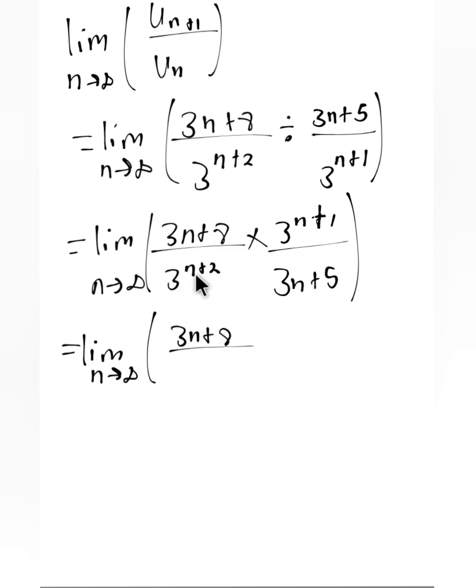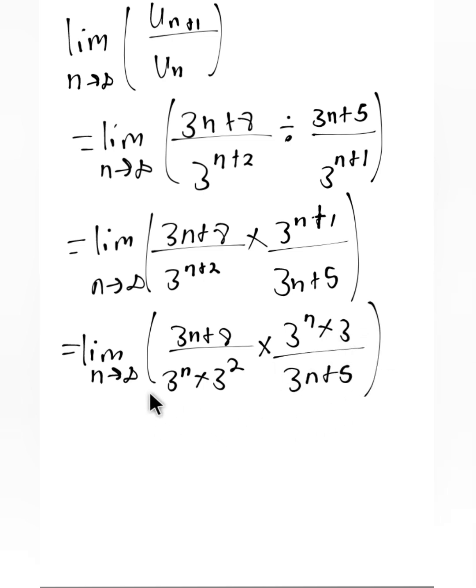So this gives us the limit as n tends to infinity of 3n plus 8 all over. We can simplify this expression to be 3 raised to power n times 3 raised to power 2, times 3 raised to power n times 3, all over 3n plus 5. So from here, some terms will cancel out, like 3 raised to power n will cancel out 3 raised to power n. Then 3 will cancel out the square. We're left with just 3 here.